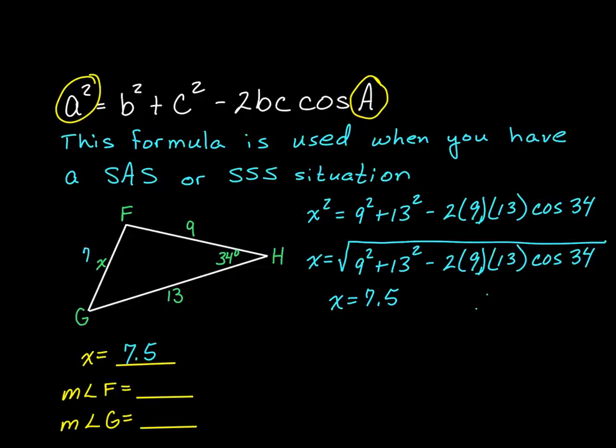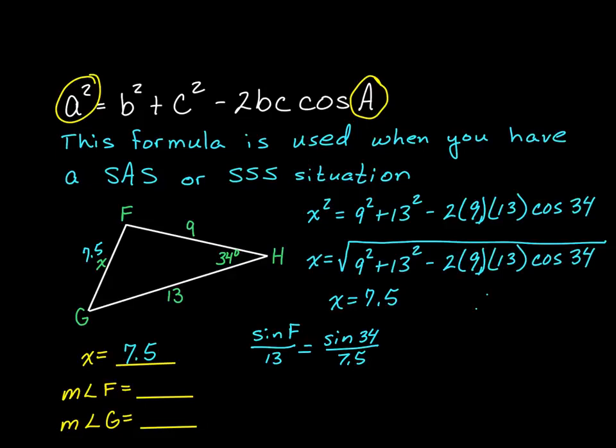Now, if x is 7.5, we can now go to our law of sines, where the sine of angle F over 13 would equal the sine of 34 over that 7.5 that we just found.